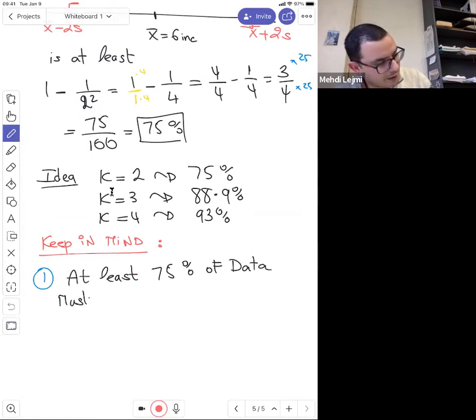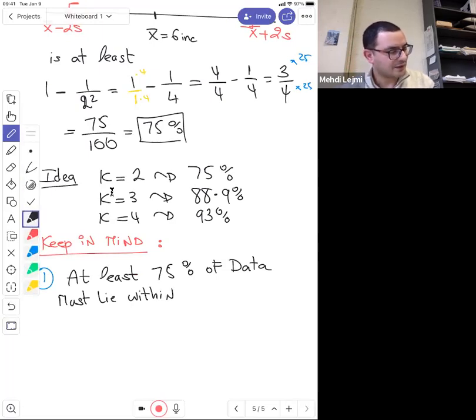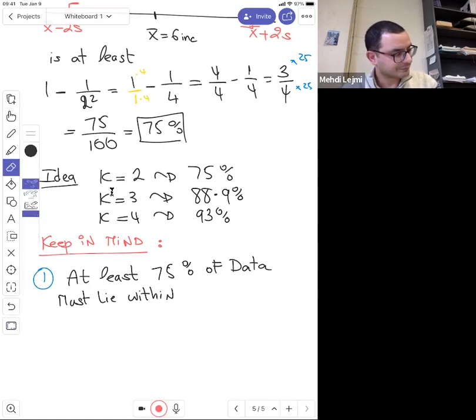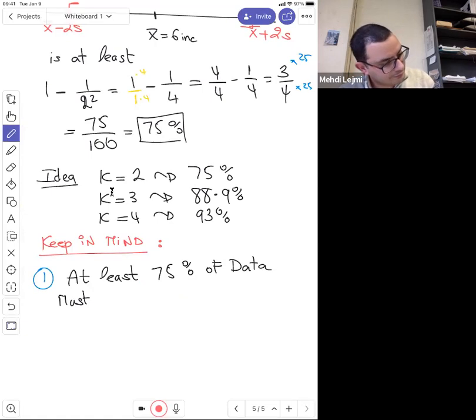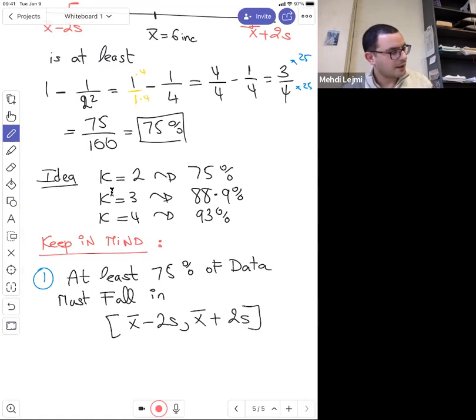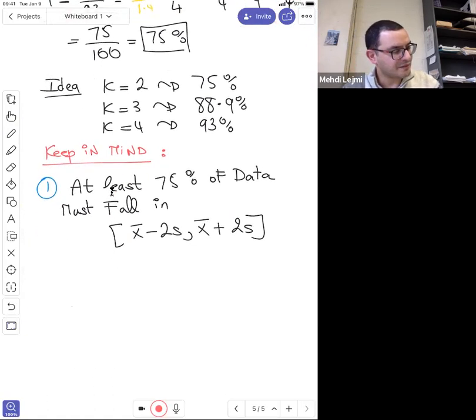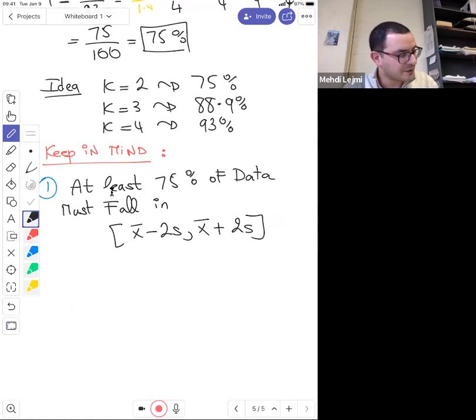must lie within, or must fall in, the interval x bar minus 2s and x bar plus 2s. Okay. If you want to do better than 75%, you can go with k is 3, and that will be 88.9%.